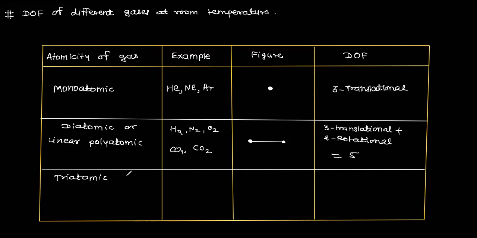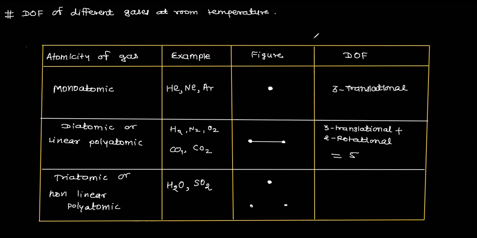Third one is triatomic or non-linear polyatomic gas. So its examples are what? H2O, SO3, SO2. And this diagram you know already.